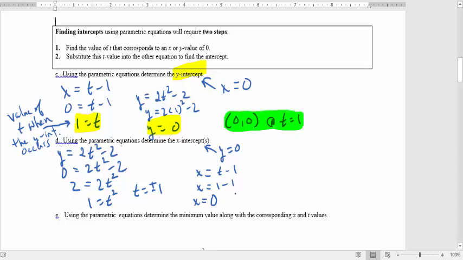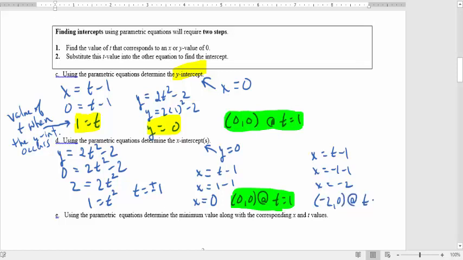So one x-intercept is 0, 0, and it happens when t equals 1, which shouldn't be surprising because that was the same as our y-intercept from above, because 0, 0 is both an x and a y intercept. Our other one occurs when t equals negative 1. We plug negative 1 in for t, and we get negative 2. So our other x-intercept is negative 2, 0, and it occurred at t equals negative 1.